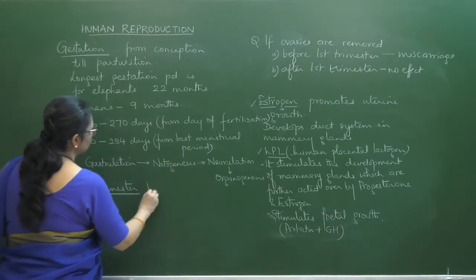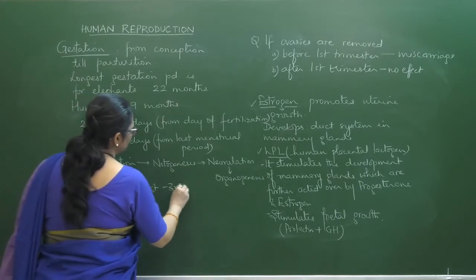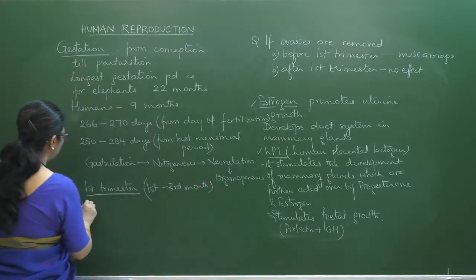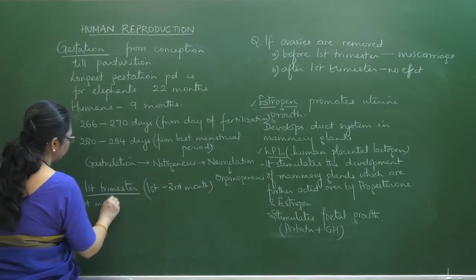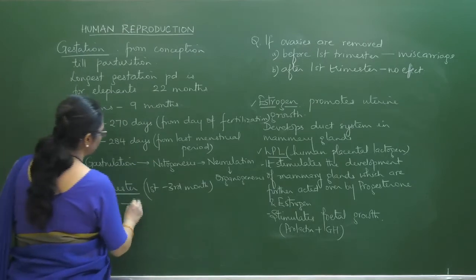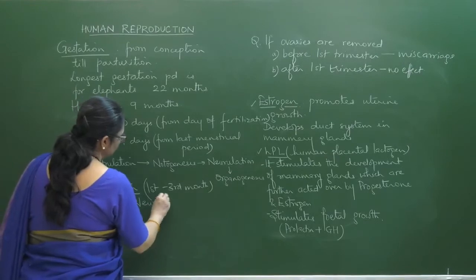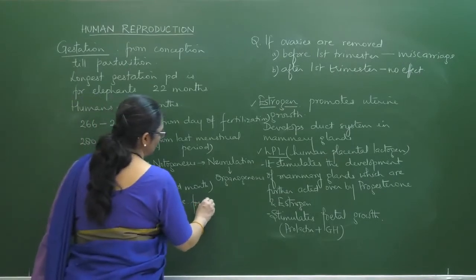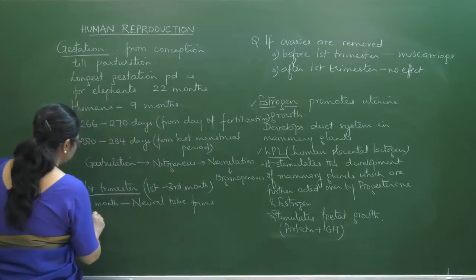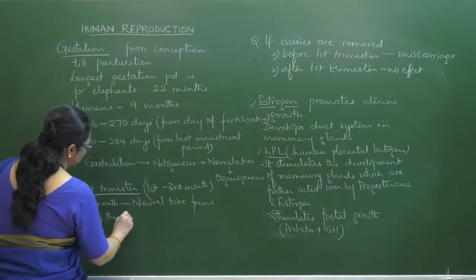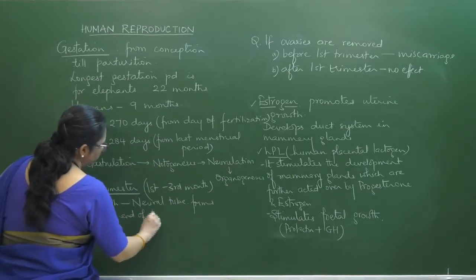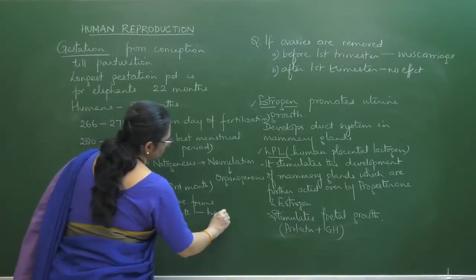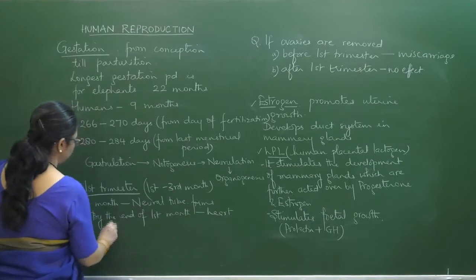First trimester, this is first to third month. So in the first month, as I said, the neural tube forms. And by the end of first month, the heart is formed.